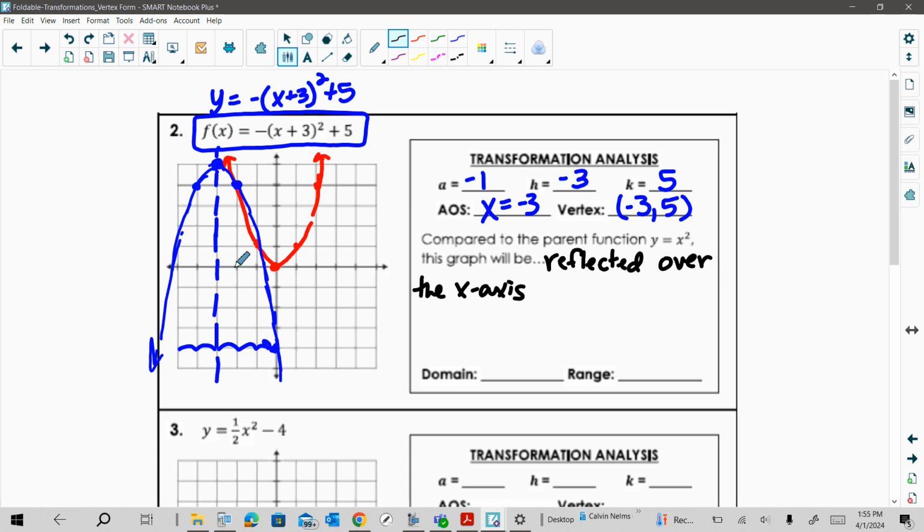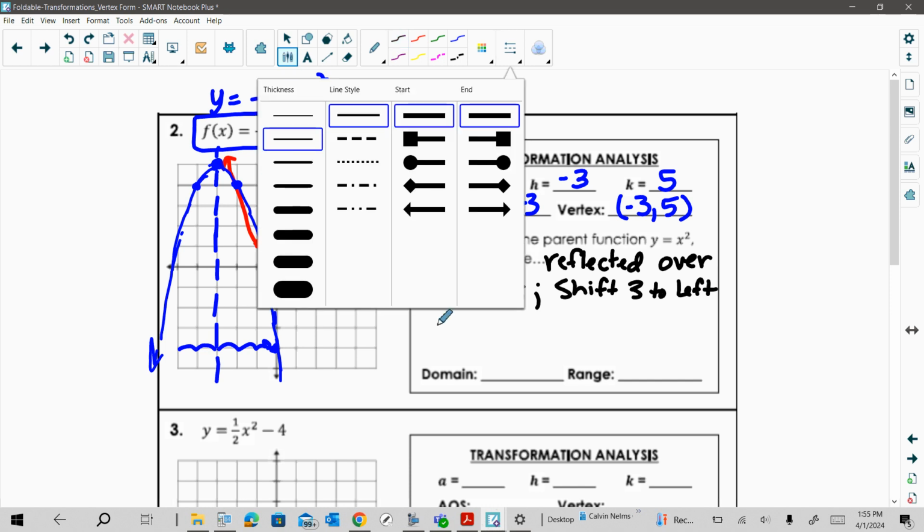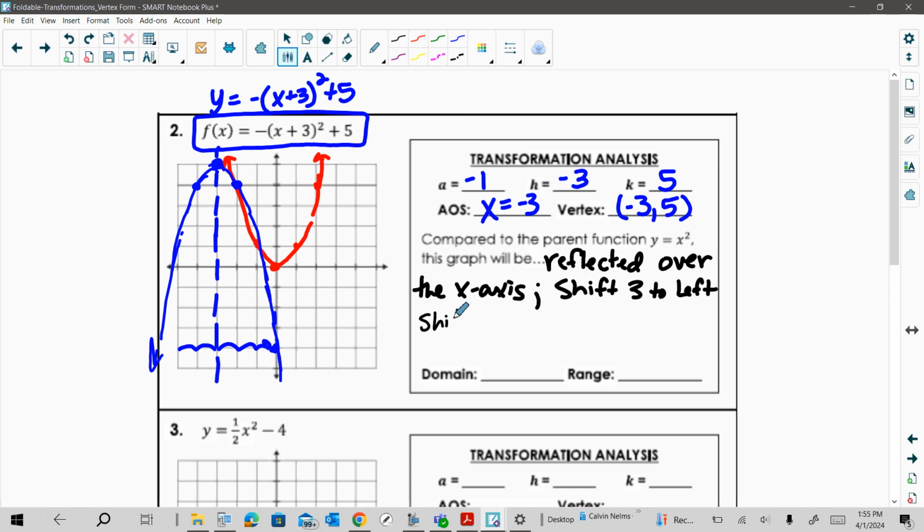So we're going to have a shift 3 to the left. And then the vertex also goes up, because it went up 5 and then to the left. So it's going to shift up 5 units.